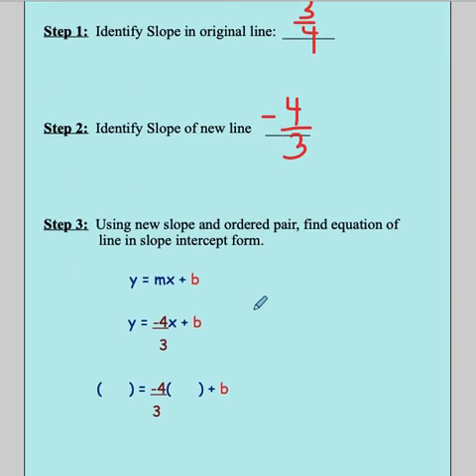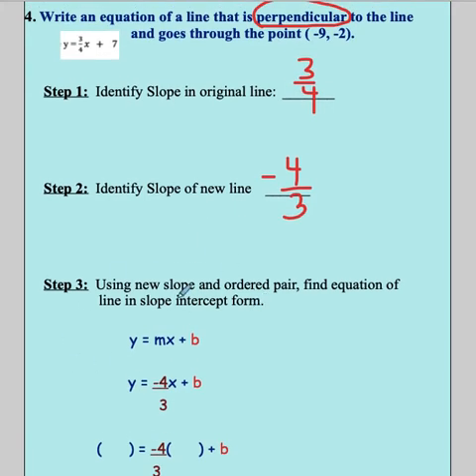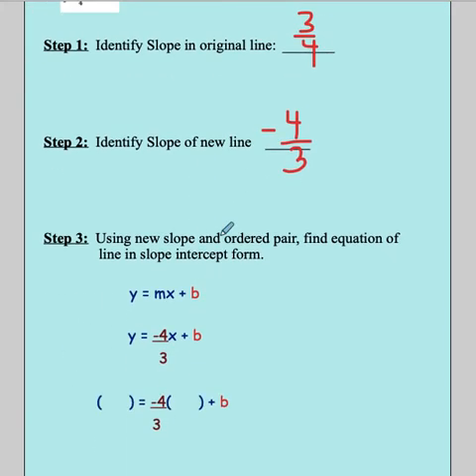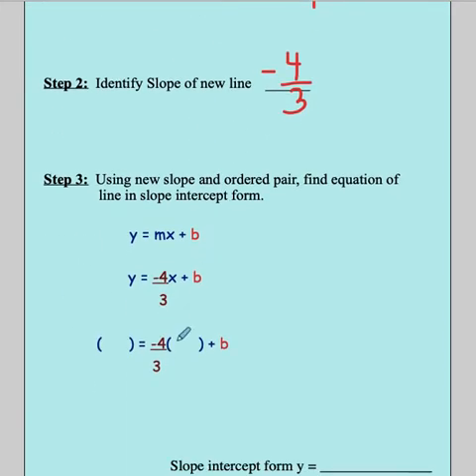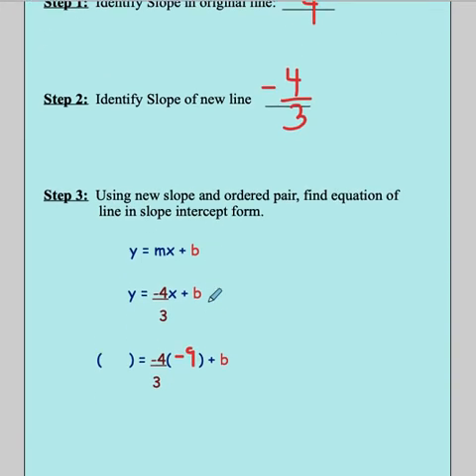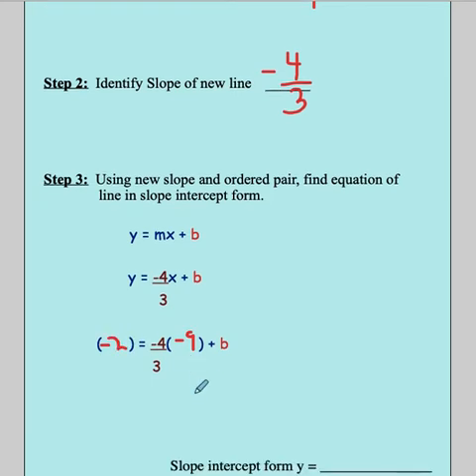So this is the time-consuming part. I'm going to find my y-intercept. I have a negative 2 and negative 9. I believe the negative 9 is my x, and negative 2 is the y. I'll do a little bit of math here, and I've got to think about this. Some people might realize a negative and a negative is a positive, and they're going to go 36 divided by 3 is 12.